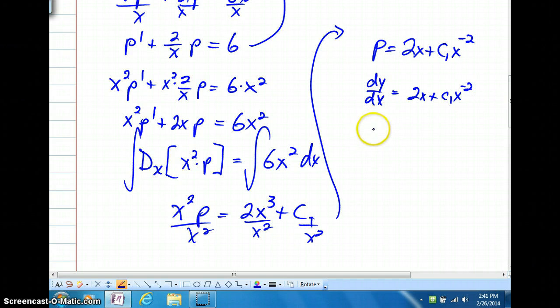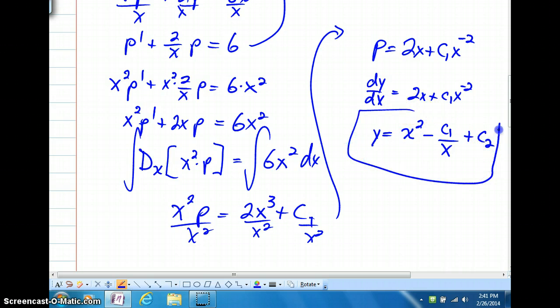So let's take another antiderivative, guys, and what do we get? x squared becomes, bump up our power one step higher, that's negative 1, but divide by that, so we get negative c1 over x, that's x to the negative 1, plus here's a second constant. Hey, look at that.